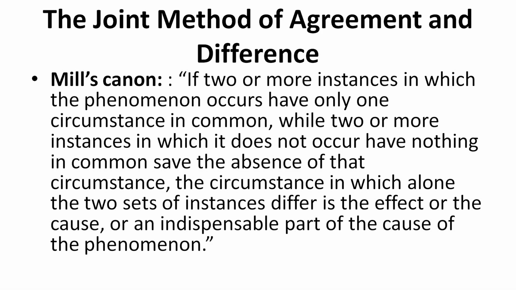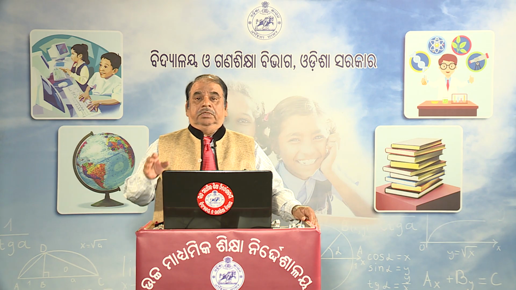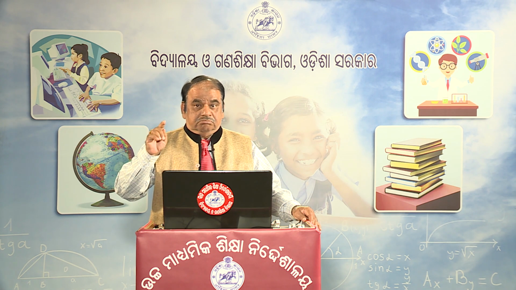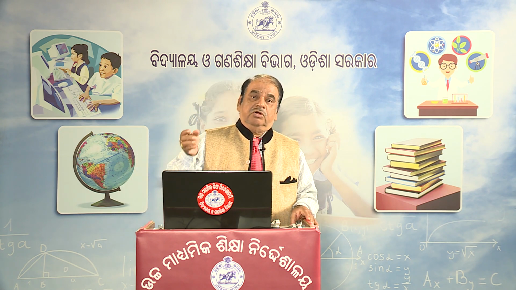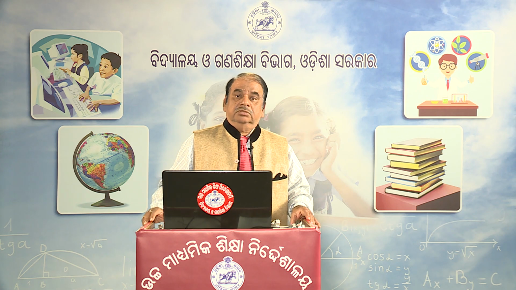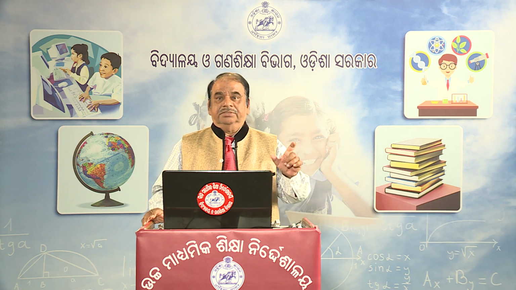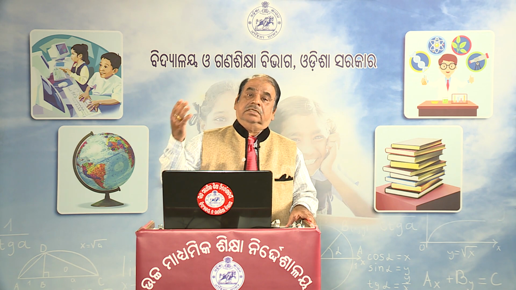Here, instead of just combining the two, we take two sets of instances. One set is the positive set of instances and another set is the negative set of instances, where the phenomenon which we are going to discuss occurs in one set and in another set it does not occur.